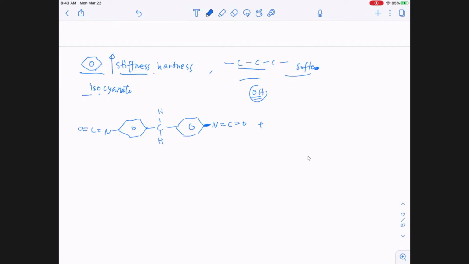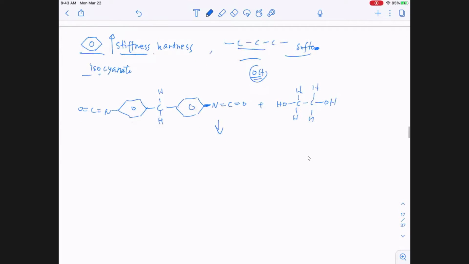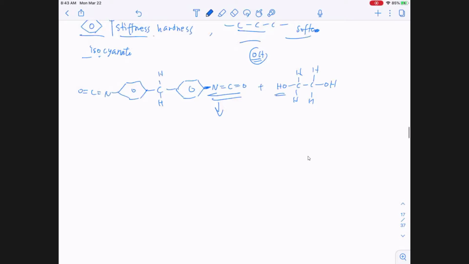So using alcohol, for example, then you can very fast make a polymerization. This reaction with OH is very fast. So this one becomes CO, N, right?